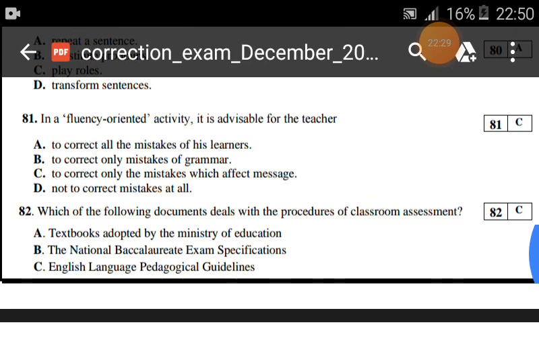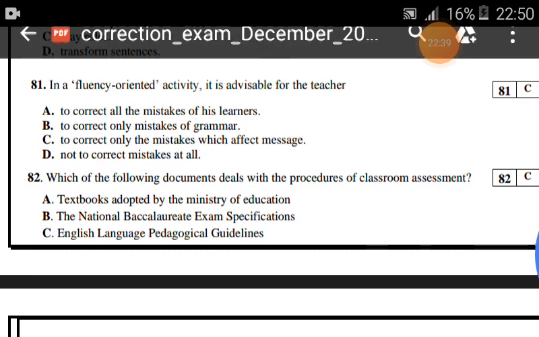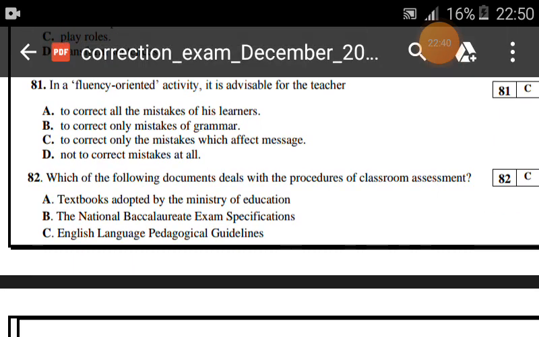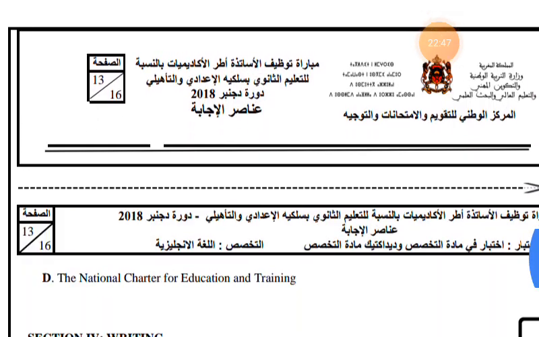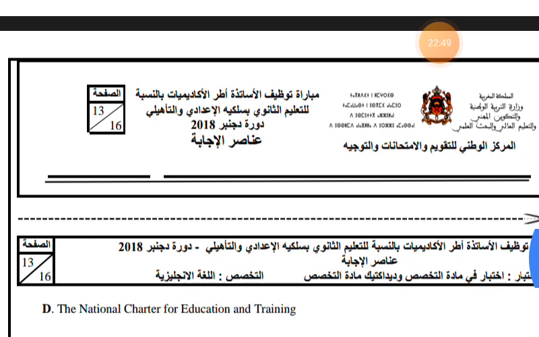This is information for you: the document that helps teachers follow the procedures of classroom assessment is the English Language Pedagogical Guideline. You should remember it. We have another option, which is D, the National Charter for Education and Training.